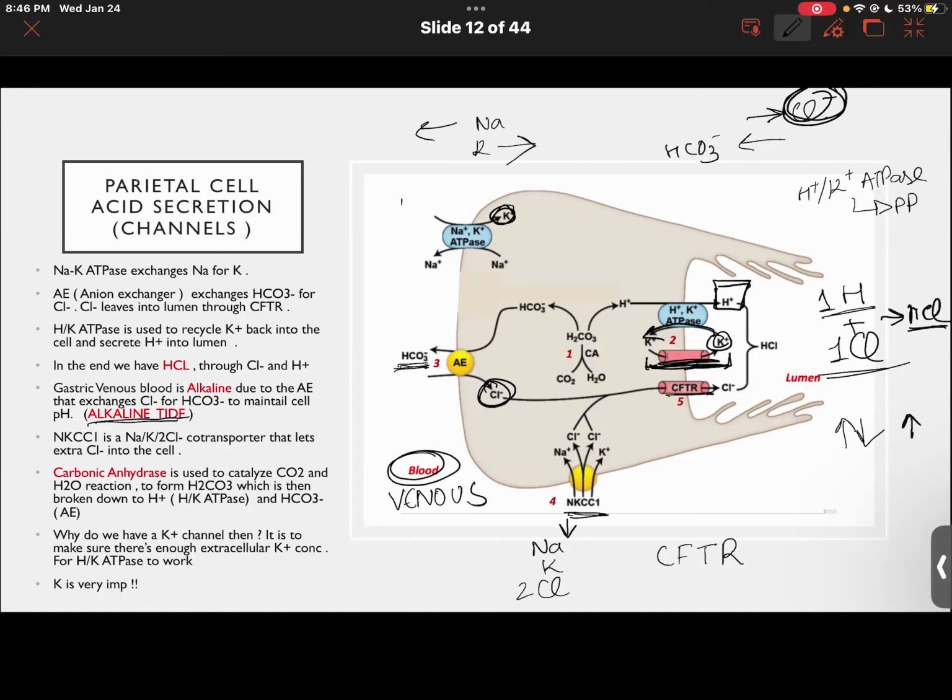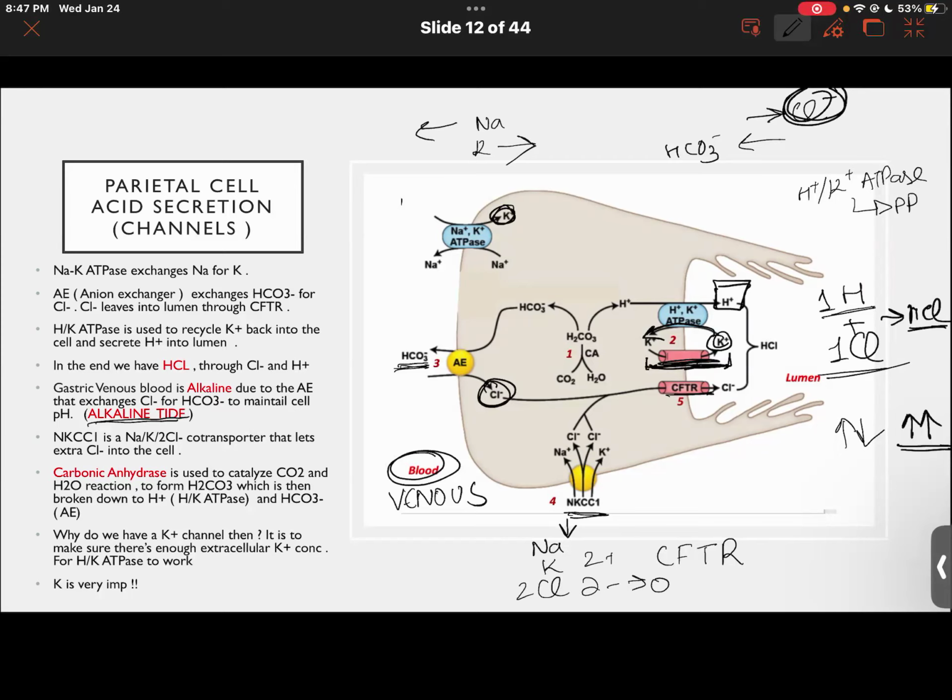And in this case, both of them move in the same direction. And the charges are balanced because sodium and potassium means 2 positive and 2 chlorine means 2 negative, which is 0. So this NKCC1 acts as an extra source for chlorine. So you can see the chlorine in the diagram. It joins the chlorine coming from the anion exchanger and exits through the cystic fibrosis transmembrane regulator, which is a chlorine channel.